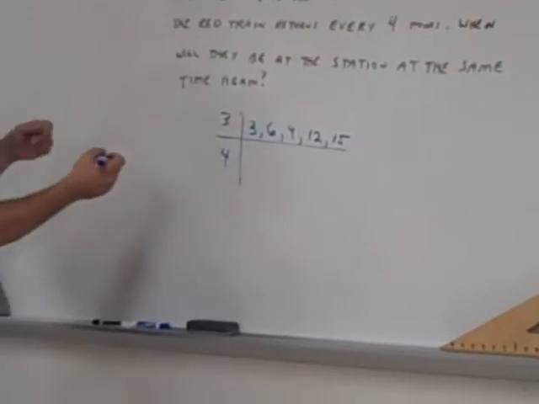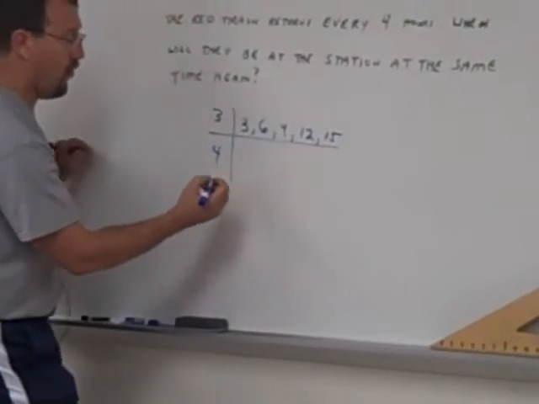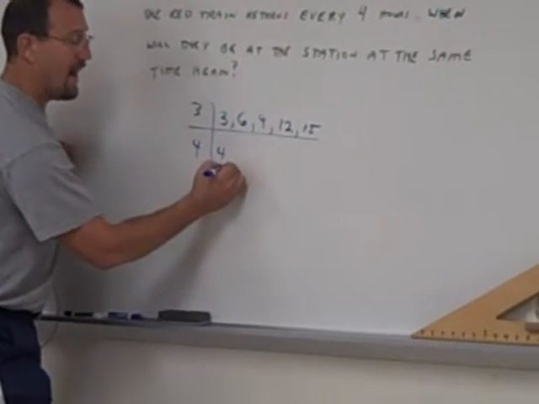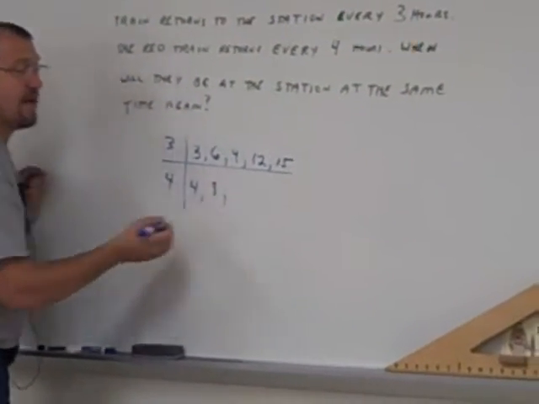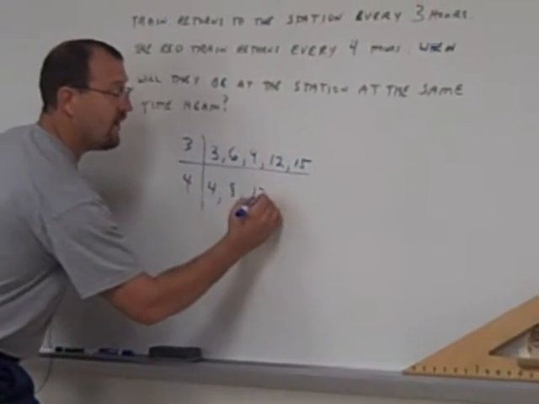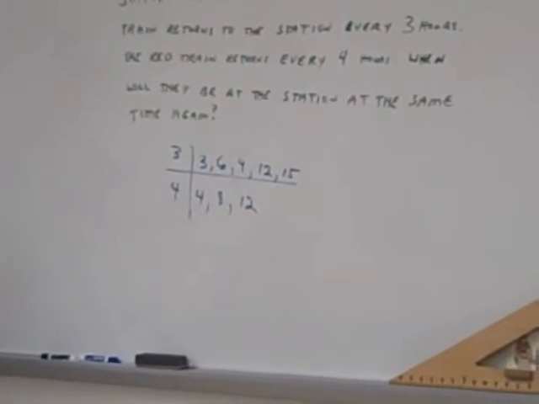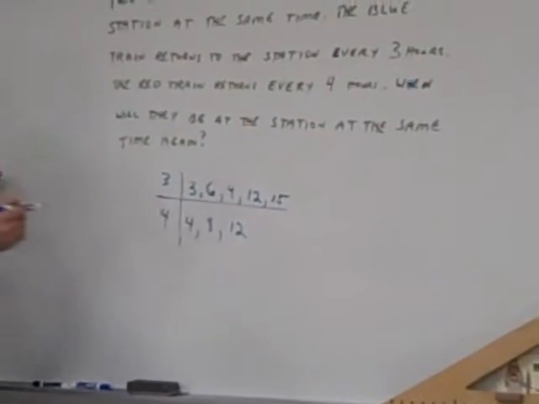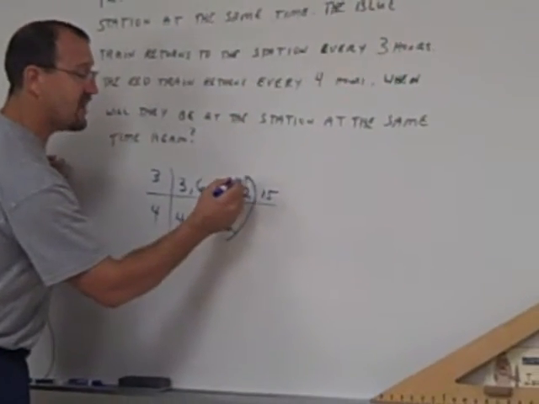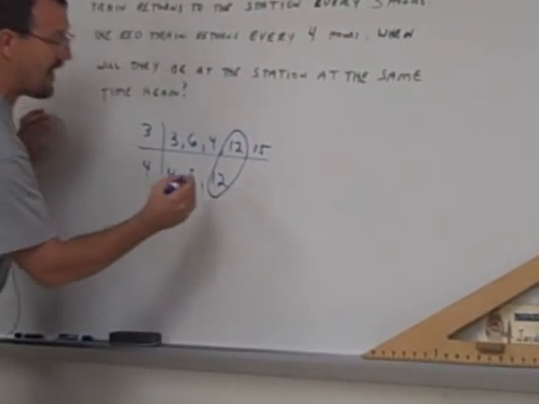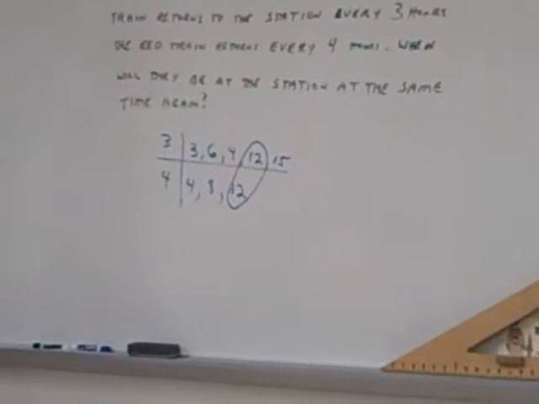All right, let's go to the 4, the train that makes it every 4 hours. 4 hours later, he'll be back. 8 hours later, he'll be back. 12 hours later. No way. All right, so the two trains will be back at the station at the same time after 12 hours.